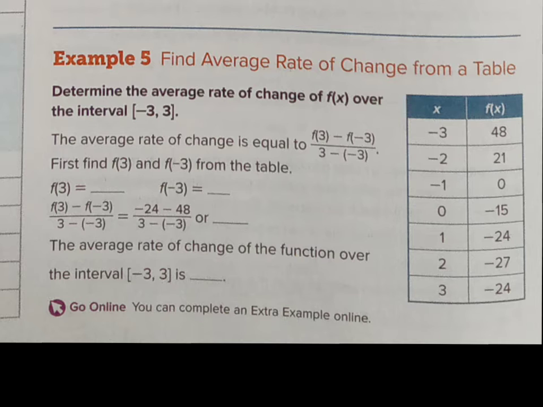All right, and so then they say, okay, well, what is f of 3? Well, f of 3 is down here. So negative 24. What's f of negative 3? Well, we're up here for 48. So negative 24 minus 48 is negative 72 over 6.